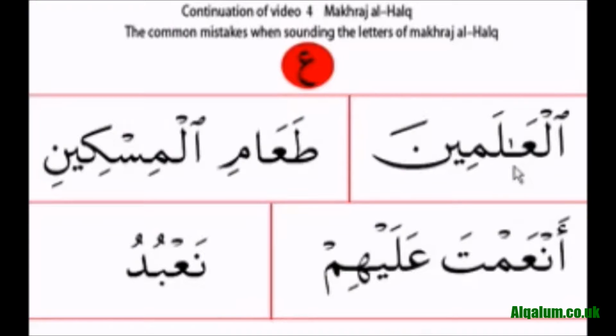Most probably you'll find people make this common mistake of making it tafkhim. So for example, if I read in Surah al-Ma'un, ara'ayta alladhi yukadhdhibu bid-din, wa la yahuddu ala ta'am, the a is not mufakham, it's not a heavy letter. So you would read ta'am al-miskin and not with a heavy a. Al-hamdu lillahi rabbil-alamin, not with a heavy a.